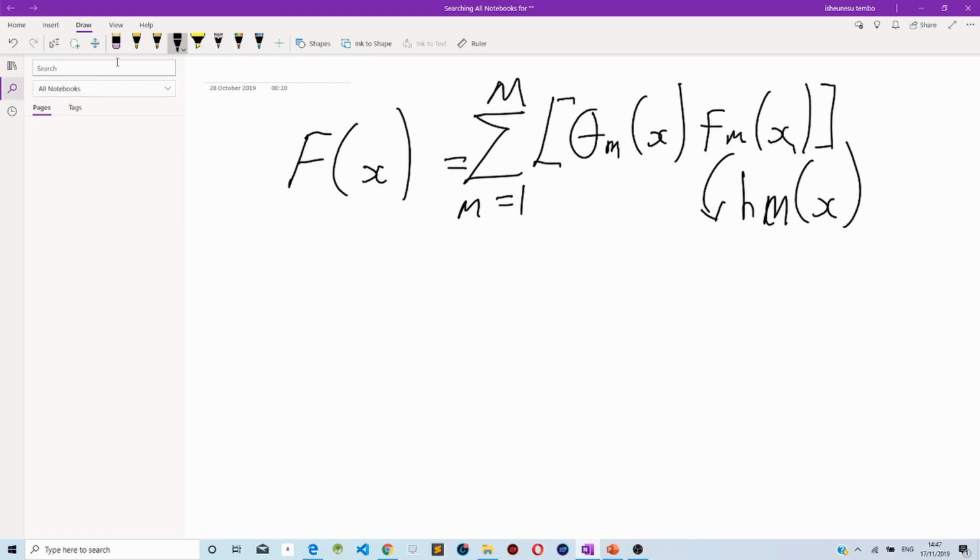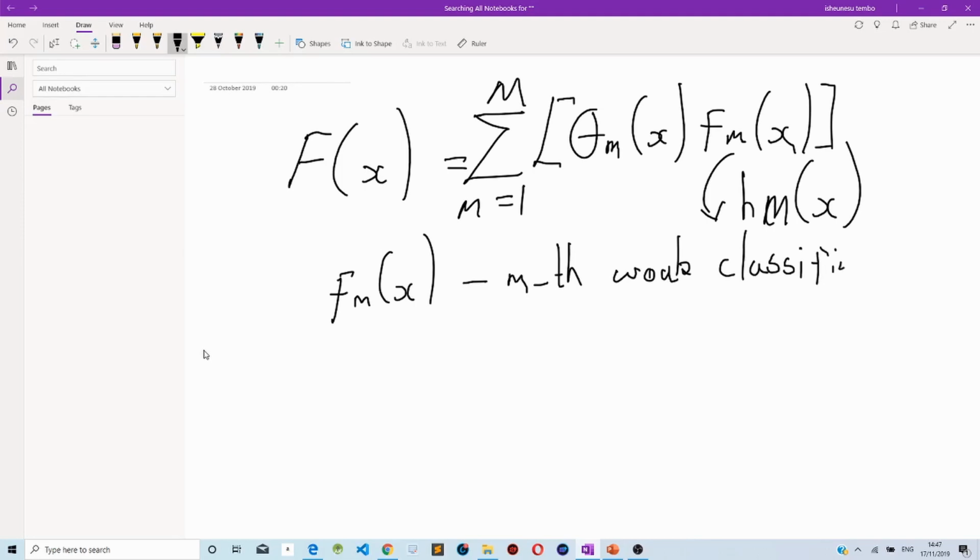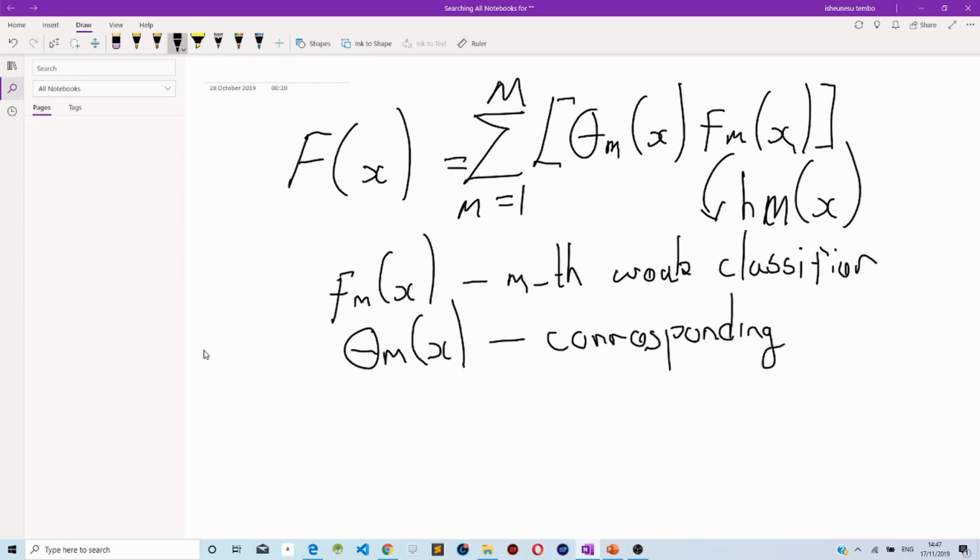Here, f m of x stands for the mth weak classifier, and theta m represents the corresponding weight.